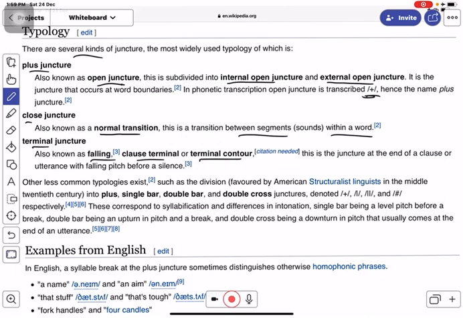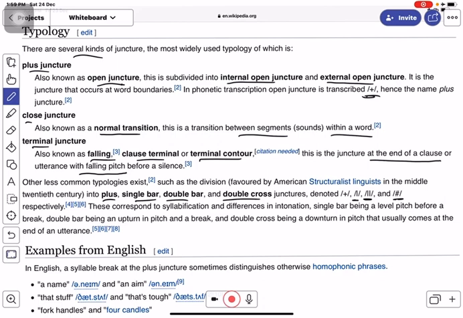Terminal juncture, also known as falling clause terminal or terminal contour. This is the juncture at the end of a clause with falling pitch before silence. Other less common typologies exist, such as division into plus, single bar, double bar, and double cross, which is one like a hashtag.